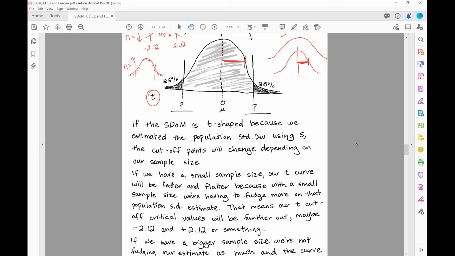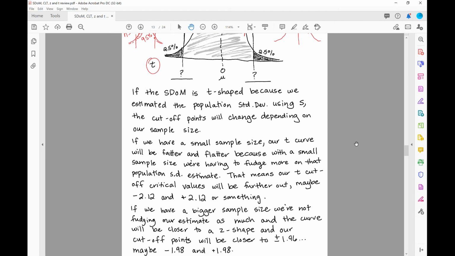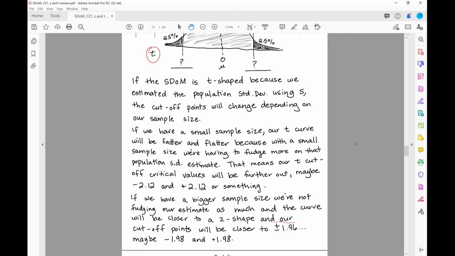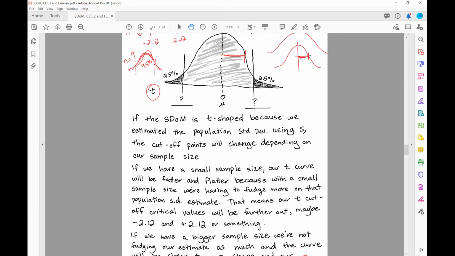We have more of that 95% concentrated higher here. Then these numbers will get closer and closer to what we would use if it was a Z. So they'll get closer and closer to that 1.96 that we would be using if we knew for sure what that population standard deviation is. So maybe for this one, we're pretty close, and we're cutting at 1.98 instead of 1.96.